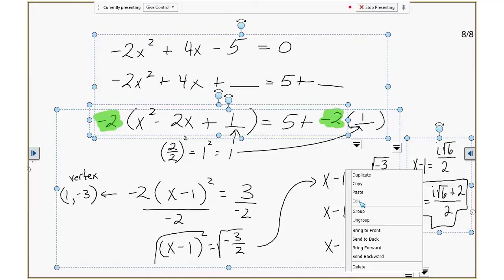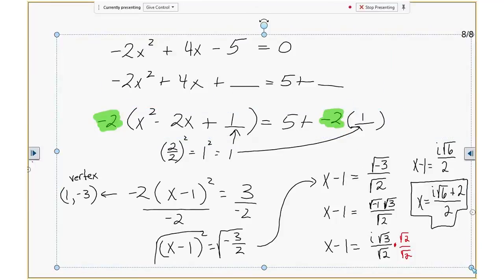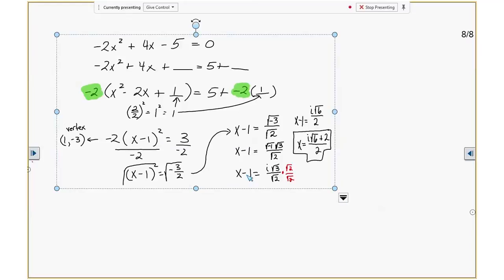Hold on. Got to bring this 1 over, right? It's supposed to be, oh, that's supposed to not times, plus. My bad. No, that's right. Bring it over as 2 over 2. You got a 2 right here, right?